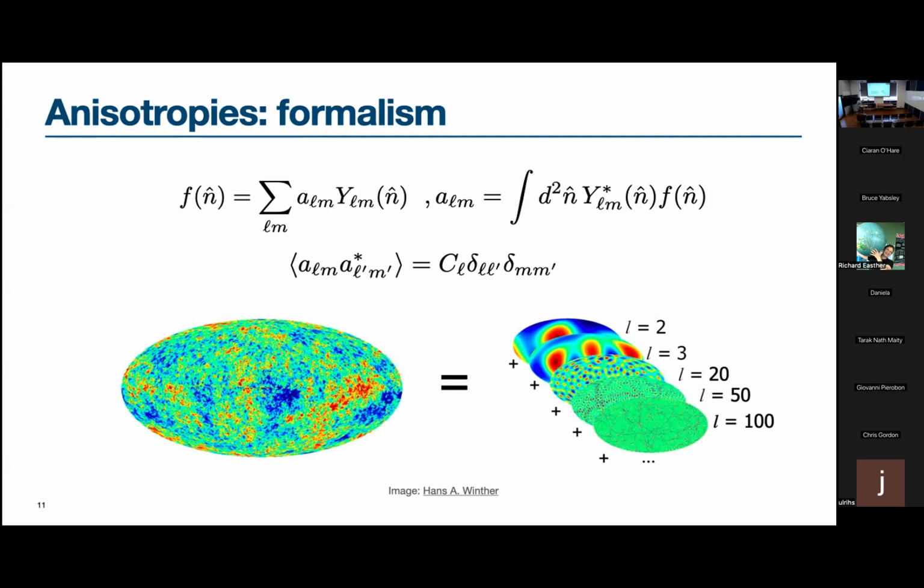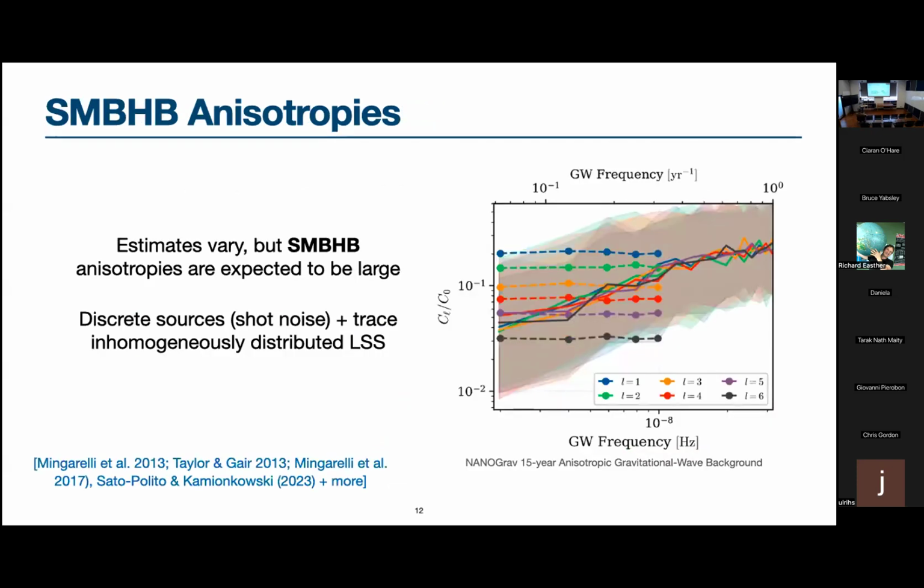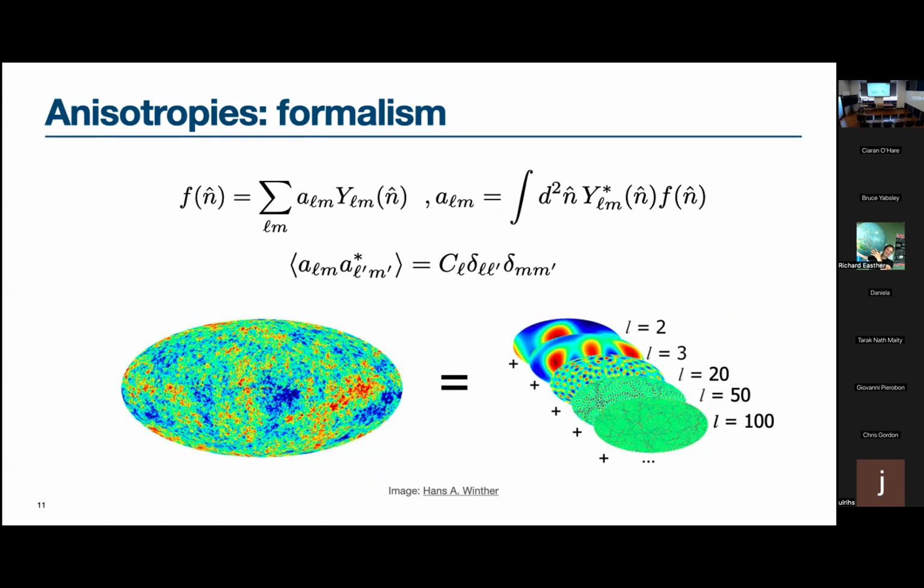The key quantity that I'll refer to is the angular power spectrum, the C_L, which is the quadratic expectation value of the spherical harmonic coefficients, a_lm. The multipole index L tells you the angular scale of variation of this energy density or intensity. So small L corresponds to variations across large angular scales, and large L corresponds to variations on very small angular scales.